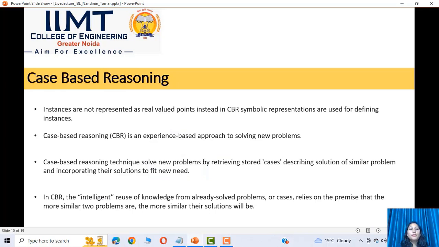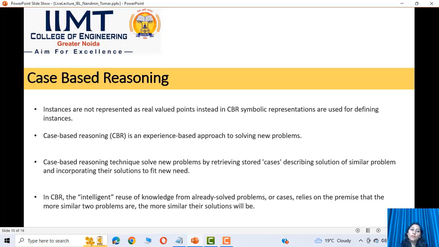Now we'll discuss case-based reasoning. In case-based reasoning, instances are not represented as real valued points. Instead, a symbolic representation of instances is used. They are represented as a symbol or case with their solutions.